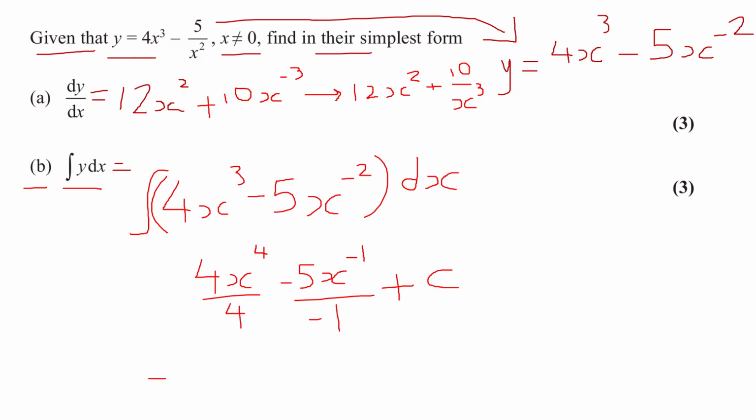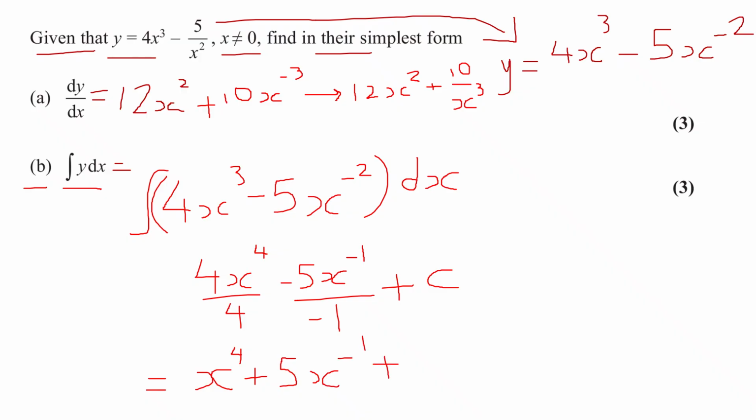After that, all we do is simplify. We have x to the power of 4, because in 4x to the 4 over 4, the 4s cancel, so 4 over 4 makes 1. Then minus 5 divided by minus 1 makes positive 5, so plus 5x to the minus 1, plus that c.